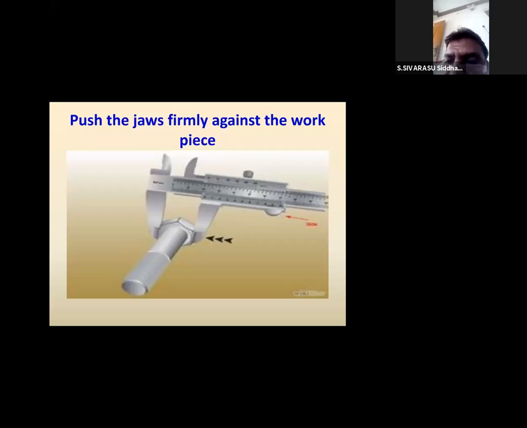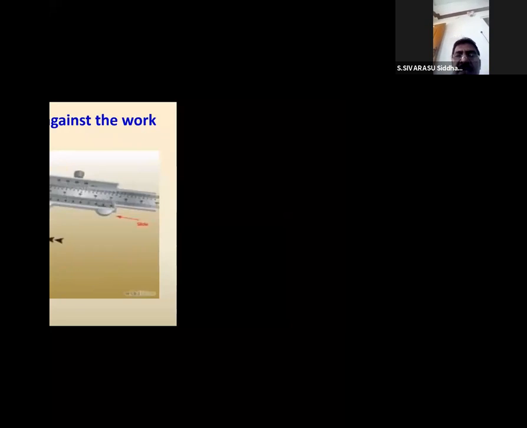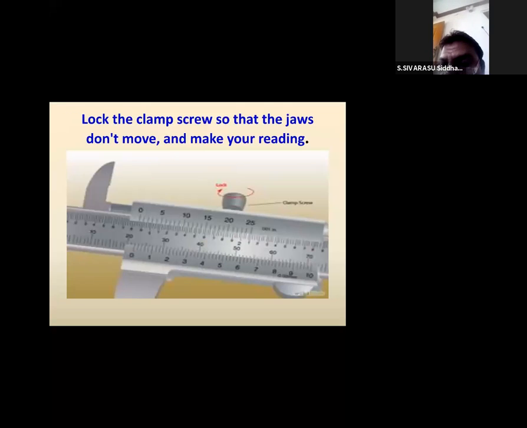Gently bring the jaws and touch the workpiece. Next, lock the clamping screw so that the jaws don't move. Make your reading. You have to follow these steps gently. If you do not handle the vernier caliper properly, you can get error also.